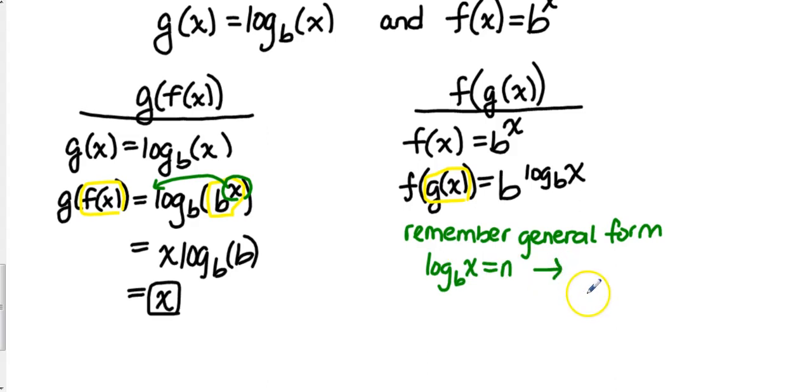How can I connect that to exponential notation? So we're just taking a step back, taking a bigger picture view. Log base b of x equals n can be rewritten as b to the n equals x. Remember, circle the base, come around where the equal sign is, b to the n equals x.